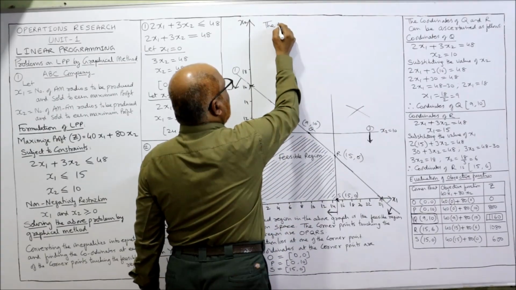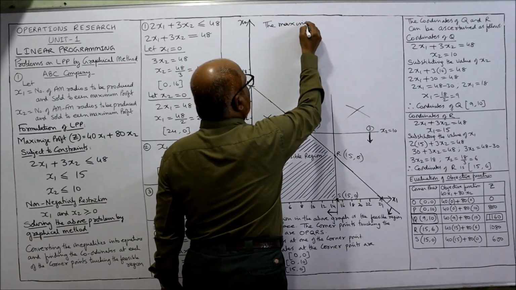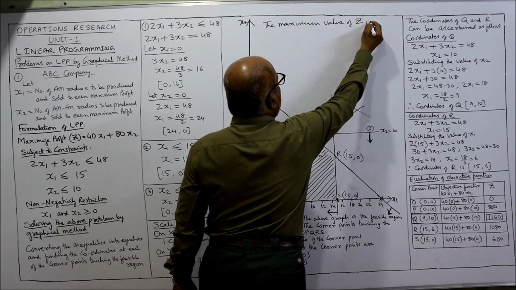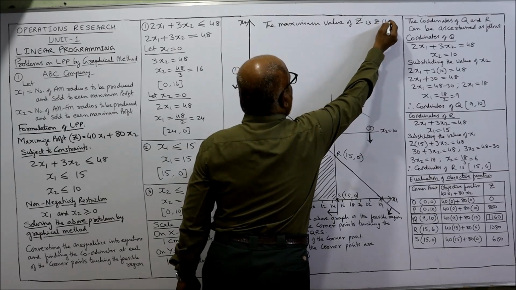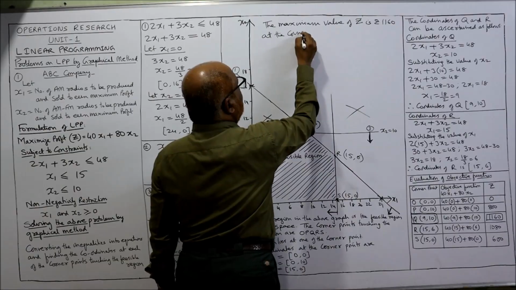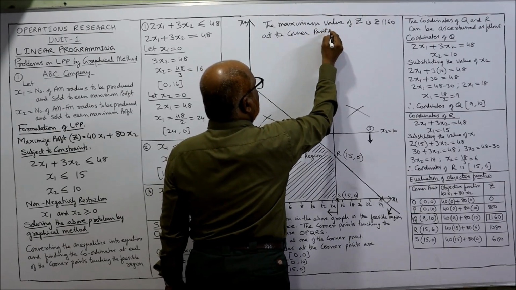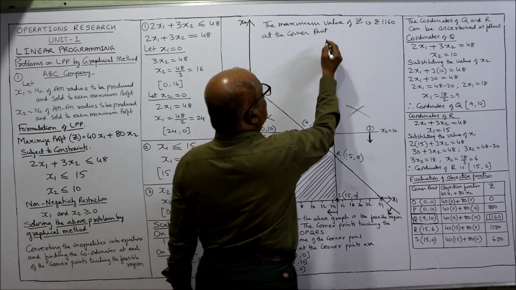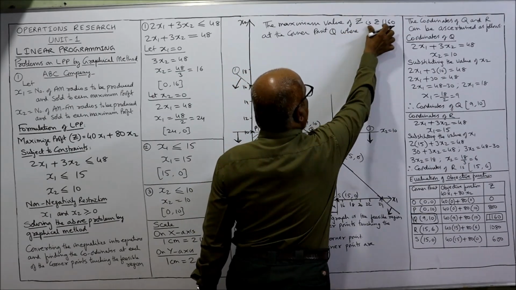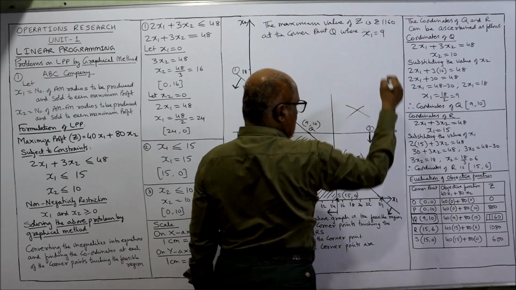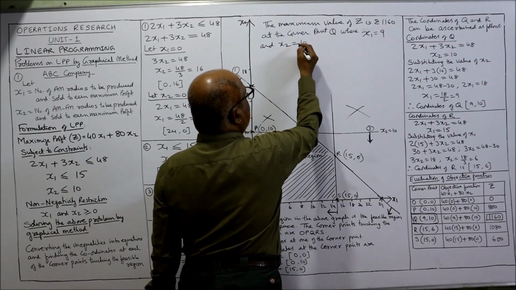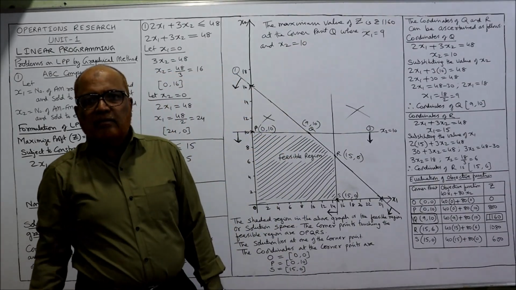The maximum value of Z is rupees 1160 at the corner point Q, where x1 is equal to 9 and x2 is equal to 10.